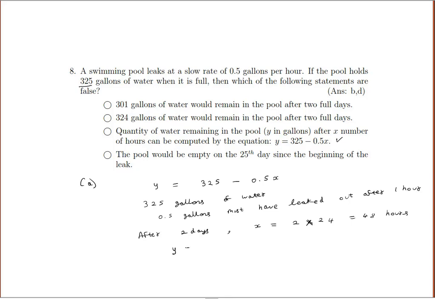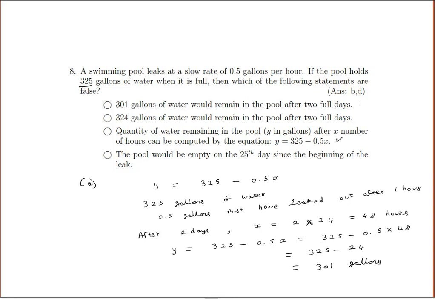Now we calculate y, the amount of water left in the pool after 2 full days, which will be 325 minus 0.5x, 325 minus 0.5 into 48. So 325 minus 24, which is 301 gallons of water.